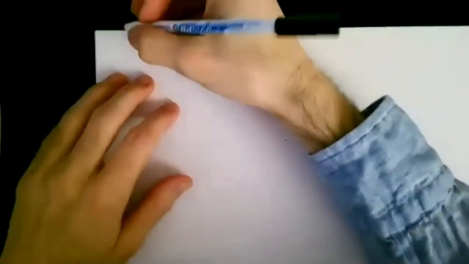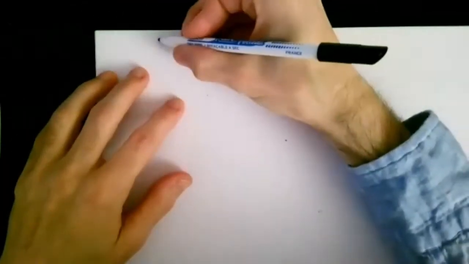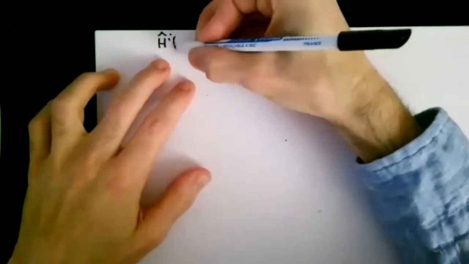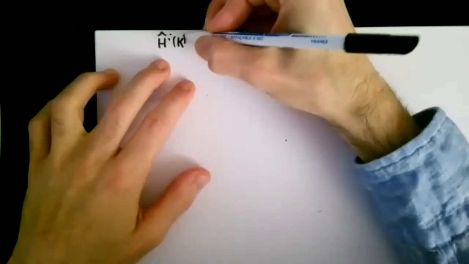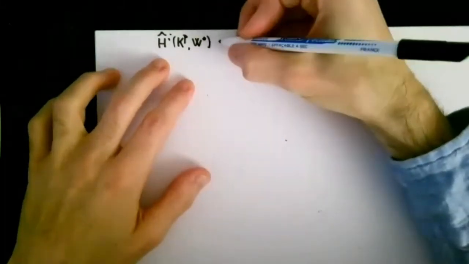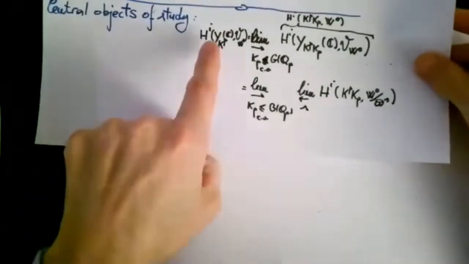All right, so given this, I can now introduce the space of completed cohomology. So we have to consider the following two spaces. So first of all, I have H hat I K upper P W naught. So what is this? It is the p-adic completion of this one.